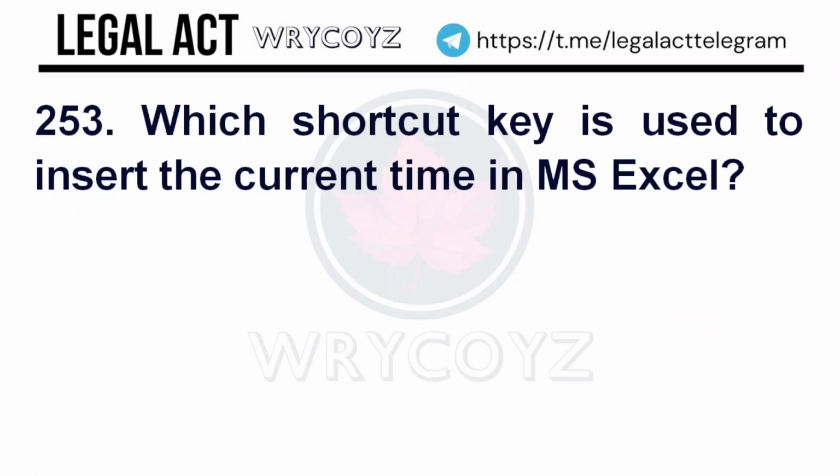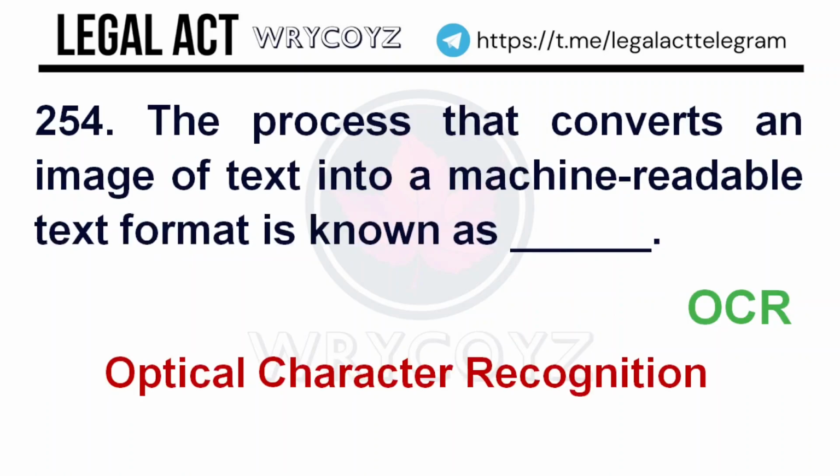253. Which shortcut key is used to insert the current time in MS Excel? The answer is Control plus Shift plus semicolon symbol. 254. The process that converts an image of text into a machine-readable text format is known as dash?